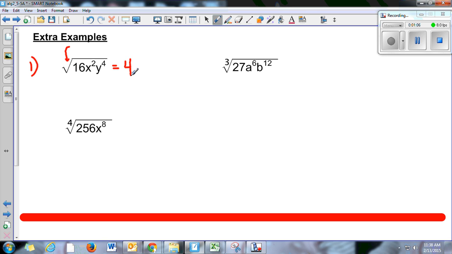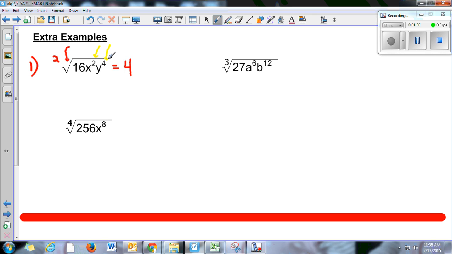When it comes to variables, as we've talked about in the previous notes and in class, an easy way to take a look at your variables is to take the index. In this case, our index is 2. Take that index and divide it into the exponent of each variable, in this case, the 2 and the 4. And if it divides evenly, then those are perfect squares or perfect roots, and you're all set.